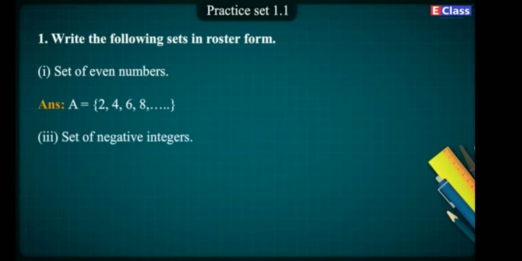Set of negative integers. Answer. B = {-1, -2, -3, and so on}.